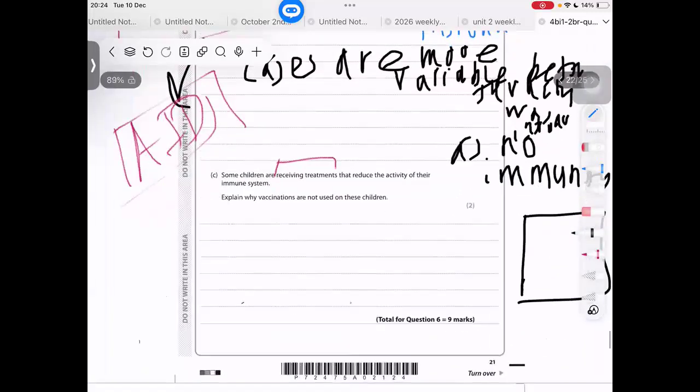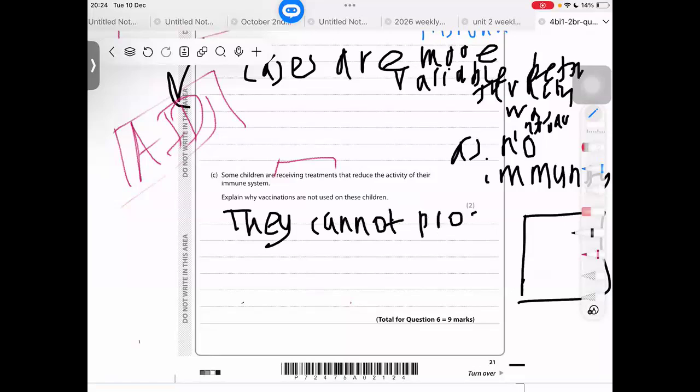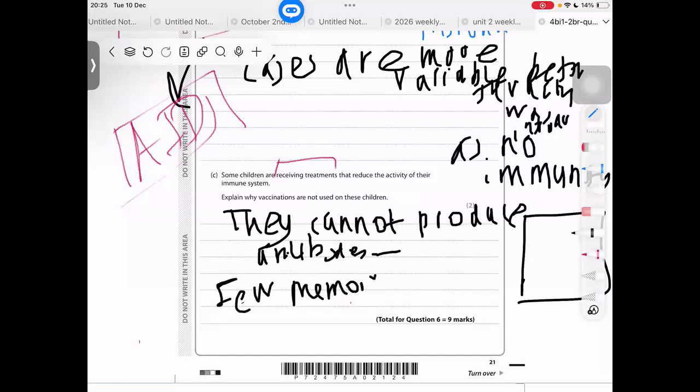So the final answer for this question, explain why vaccinations are not used in these children: they cannot produce antibodies if they are vaccinated. That is one point. Also, few memory cells are produced.